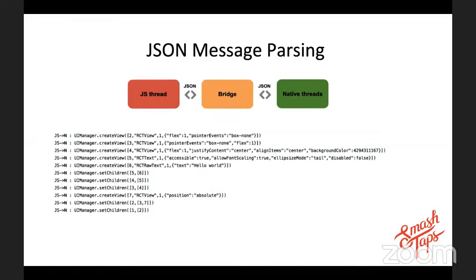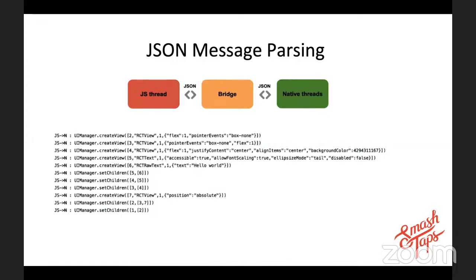When you write React Native code, it has a JavaScript thread, and there are native threads on the host machine. The message passing happens when you compile and transpile JavaScript code, and the messages are passed as really basic JSON messages.